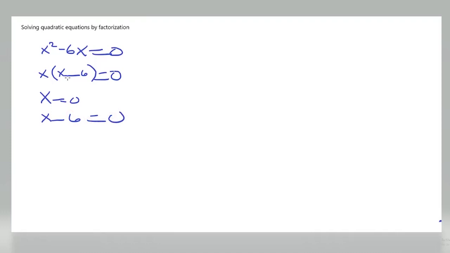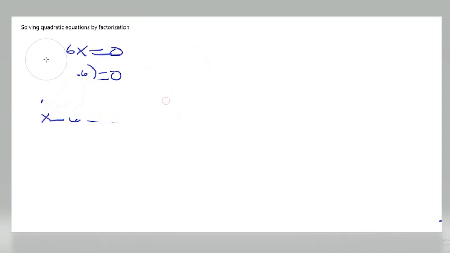That's why when you multiply them, the answer is 0. So one of the factors is 0, which results in the answer 0. This is the concept of how we are going to solve quadratic equations.